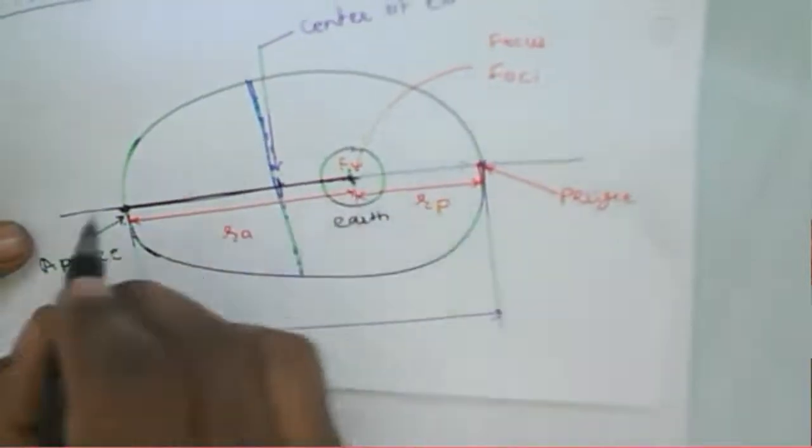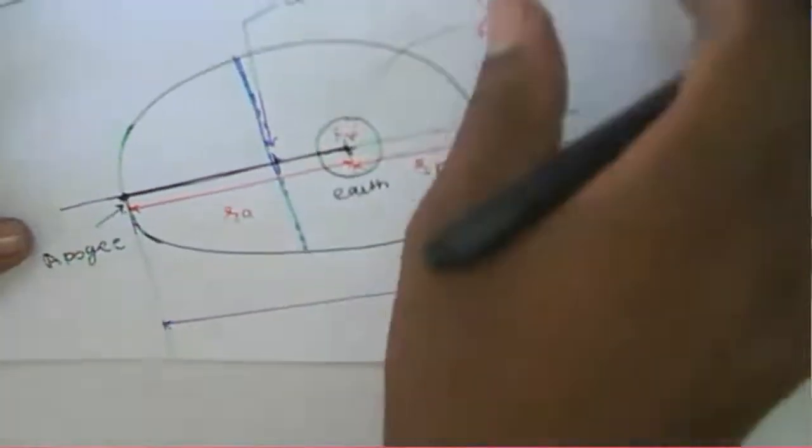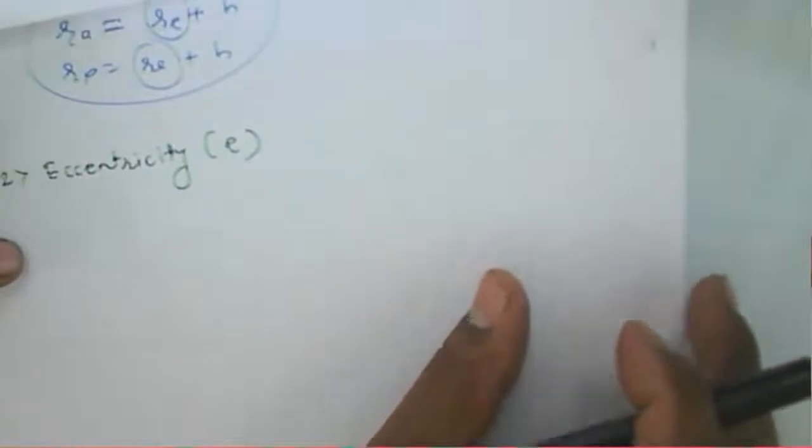This one is a focal point, and this one is the major axis.